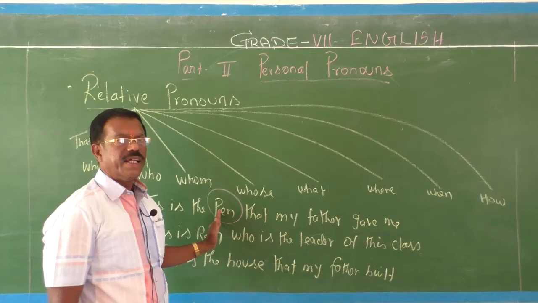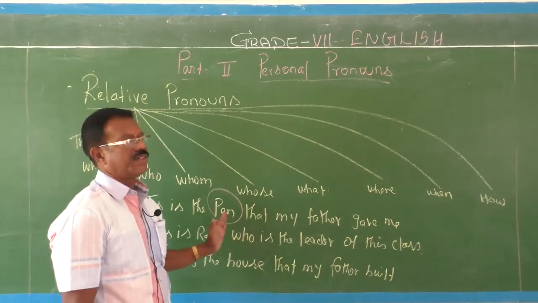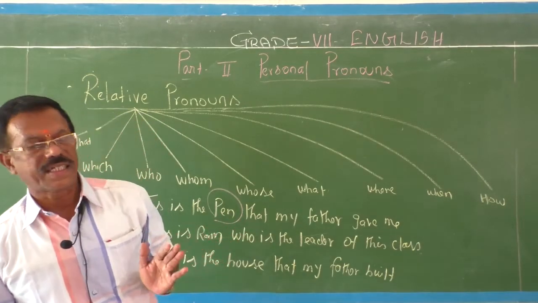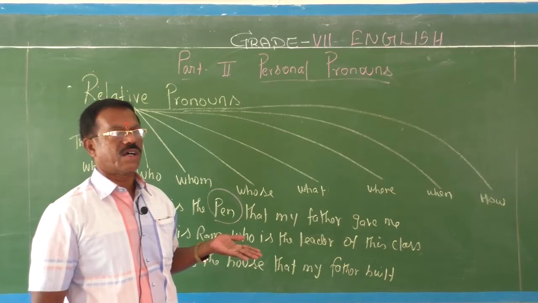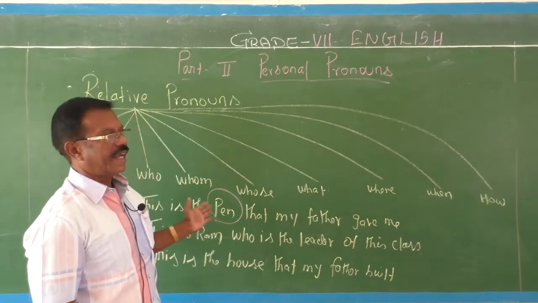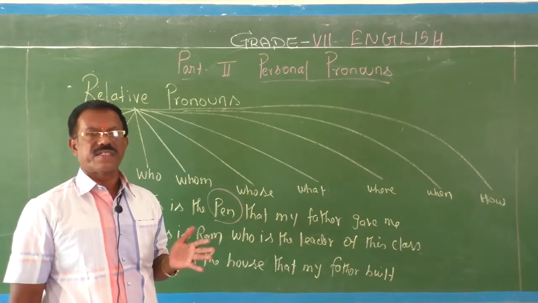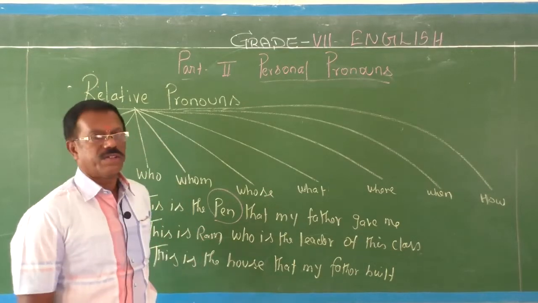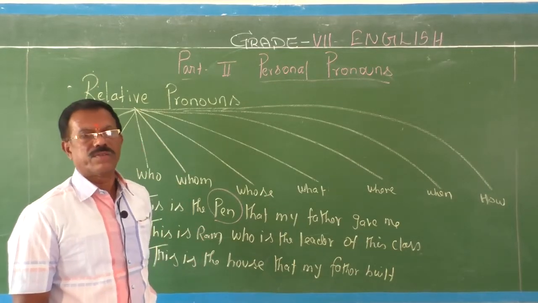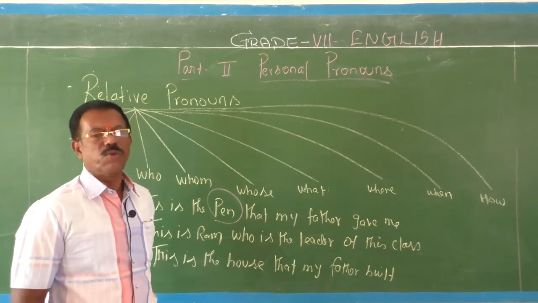What is an antecedent? The noun that comes just before the relative pronoun is called the antecedent. These antecedents are connected with the remaining part of the sentence by the relative pronouns. Therefore, they are called relative pronouns. Okay, children? I hope you understood.